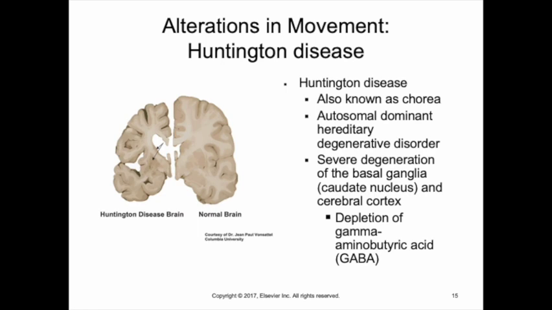The principal pathologic feature of HD is the severe degeneration of the striatum. And this degeneration in the basal ganglia is going to leave enlarged lateral ventricles. You're going to see widespread degeneration in the late stages of the disease, however.